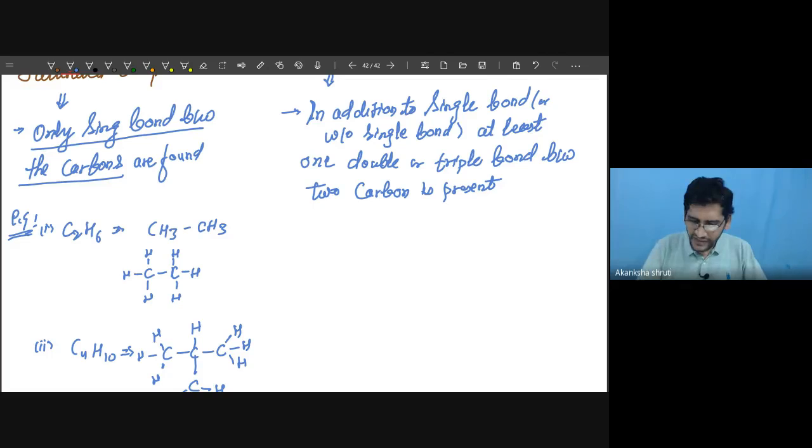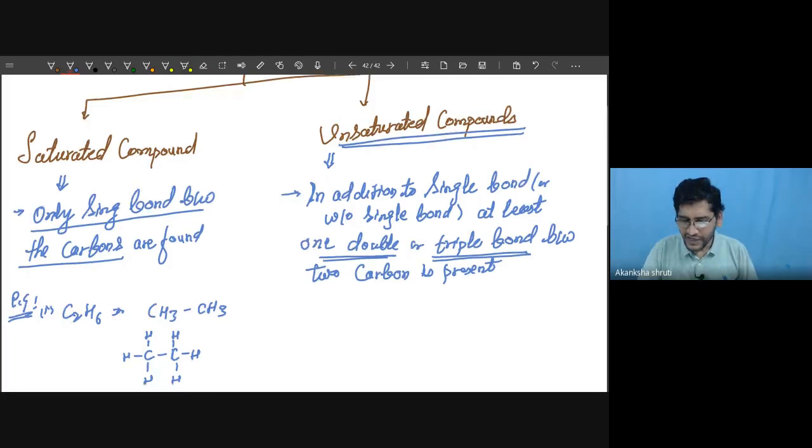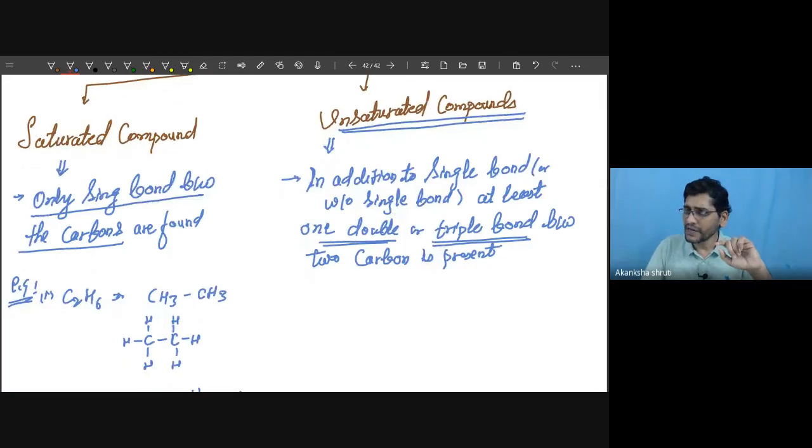Here, the unsaturated must contain at least one double bond and one triple bond or both. Students, if the hydrocarbon or unsaturated compound contains a double bond, even more than one double bond, or any number of double bonds only, then it is called alkene.